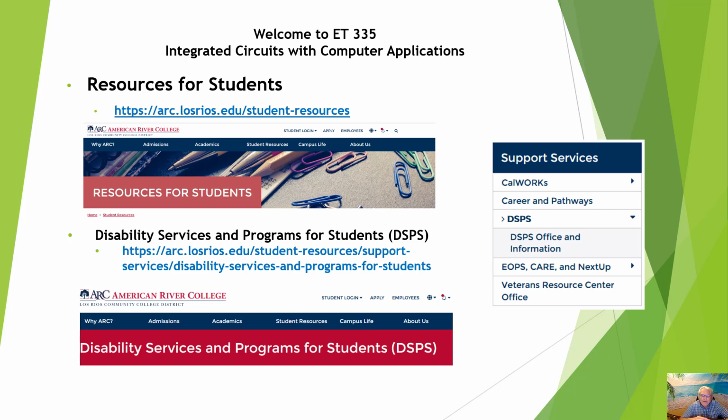But we also have CalWorks, Career and Pathways. I cover DSPS, EOPS, CARE, and Next Up, and our Veterans Resource Centers. All of those people are excellent and really provide a lot of good services for our students. So investigate those if you need them, and let me know how it works.